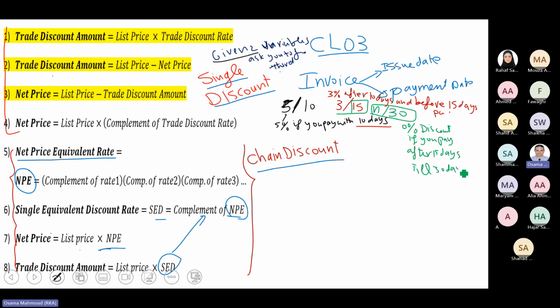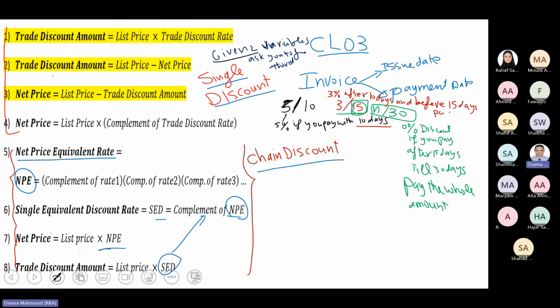You have to pay before 30 days anyway, but after the last chance, 15 days, you will not get any discount. So you have to pay the whole amount.